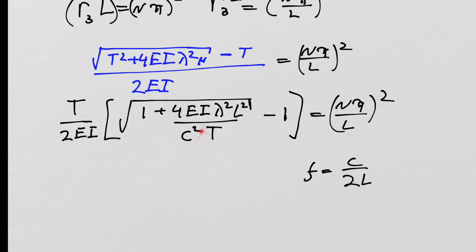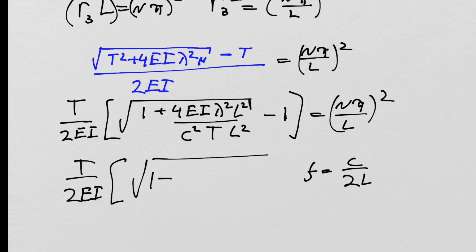So this 4 over c squared L squared would be F. But I put an L squared up there, so I have to put an L squared down here. So then I end up with T over 2EI times the square root of 1 plus. And now I'm going to connect this and this, and call that 1 over F, where F is the fundamental frequency. I'll call it F1 for the first harmonic, right?